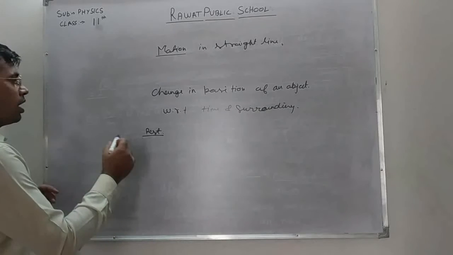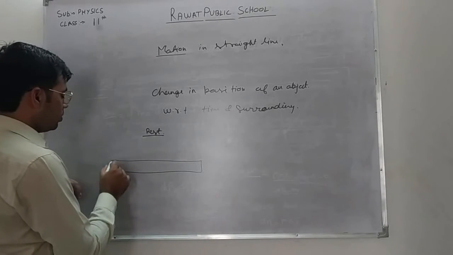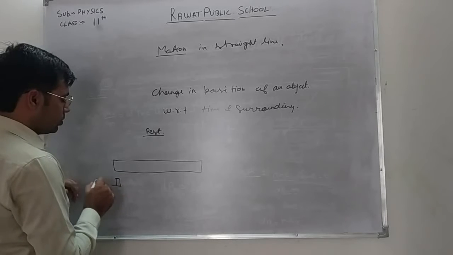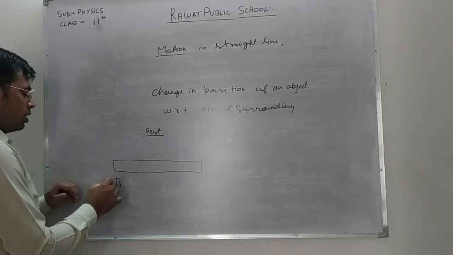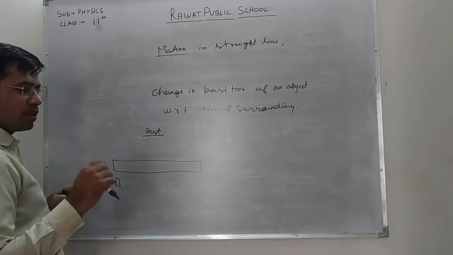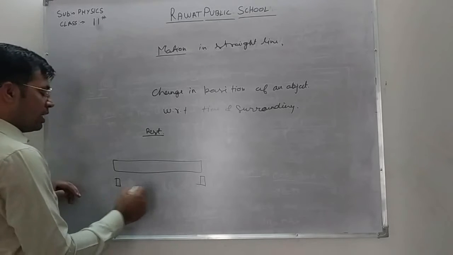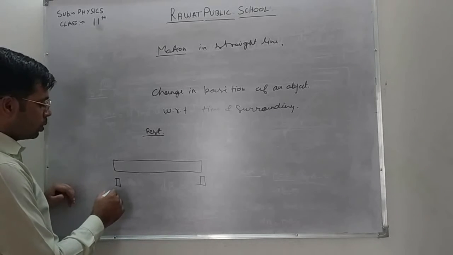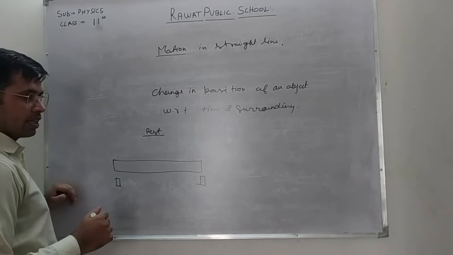Okay, and how do we come to know that the object is changing? Let's suppose here is an object, at the beginning of this drawing. Now after some time, if you find this object is at this point, we can see that initially the position of the object was the beginning of this diagram.